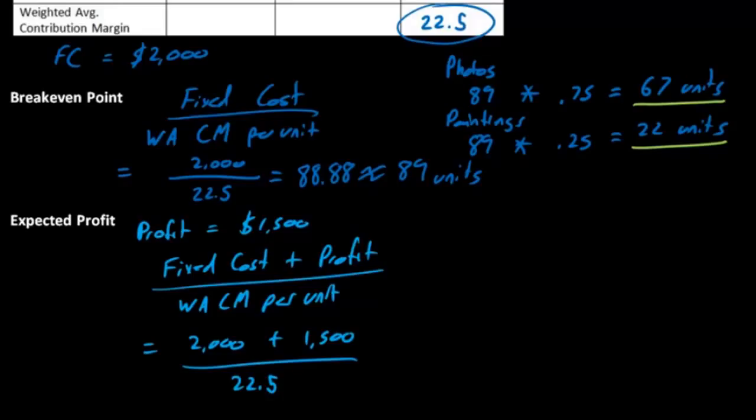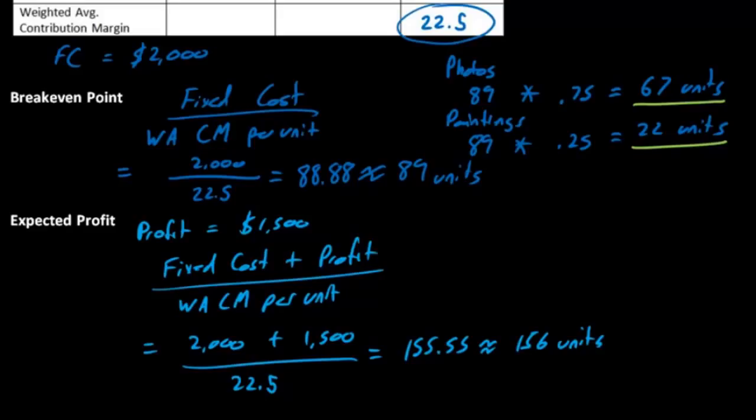And so in this case, this is going to equal a fixed cost of 2000 plus our expected profit of 1500, divided by weighted average contribution margin per unit, which is 22.5. And that gives us 155.55 units, and we go ahead and round that to 156 units.